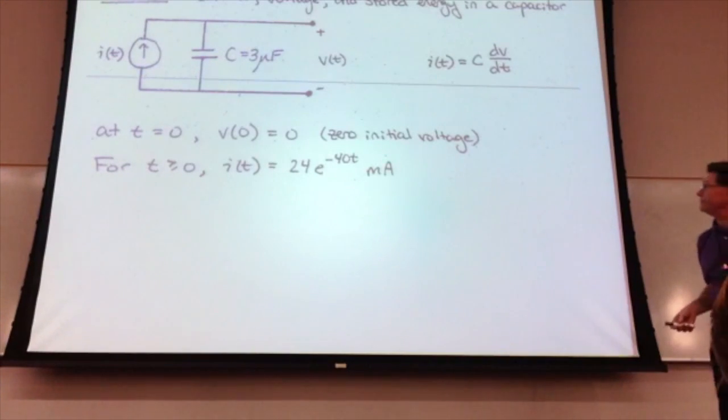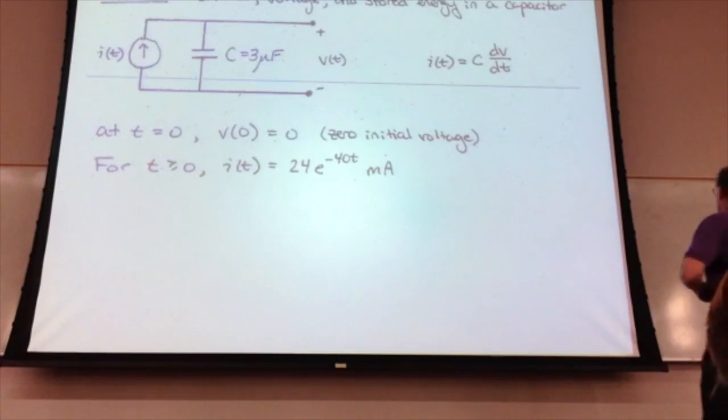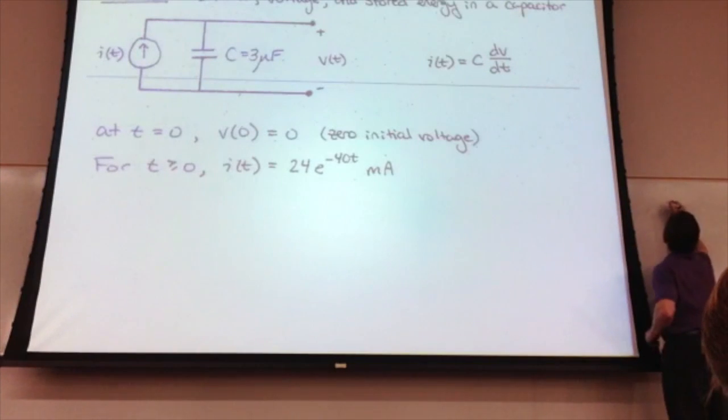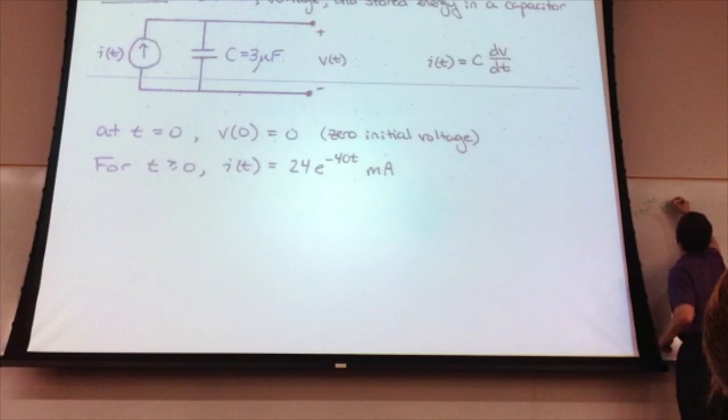All right. Let's see. If I draw this out again, here's the current, and the current is given by 24 e to the minus 40 t. And here's my capacitor.